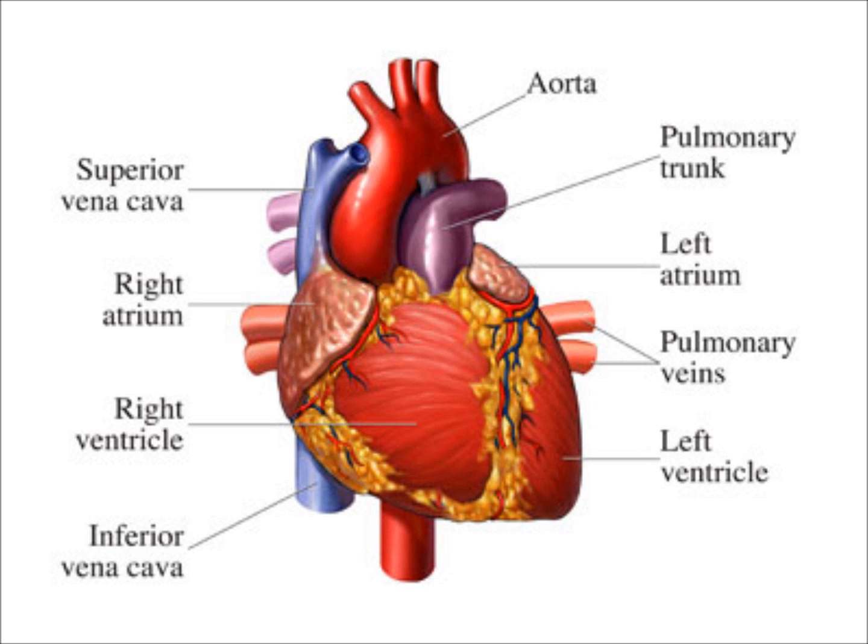Now, the phase is going to end when the pressure has built up enough to force those semilunar valves open, and then the blood goes where? Into the pulmonary trunk and aorta.